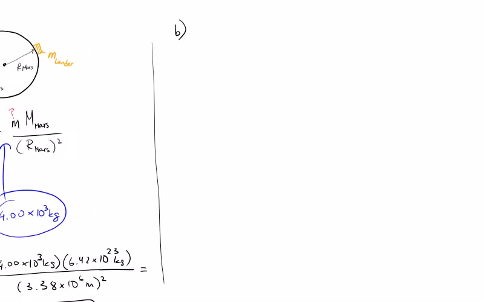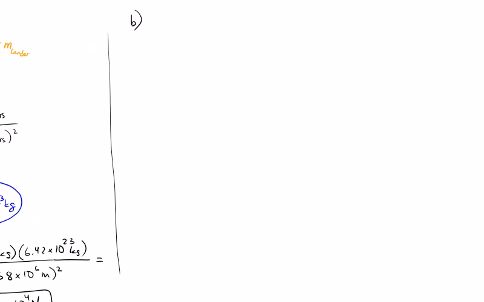So we have Mars, and from here to here we have the R of Mars, and then up here we have the height that is given to us. We want to find out what is the gravitational force right here, and the lander, suppose it's in here, in the process of landing.